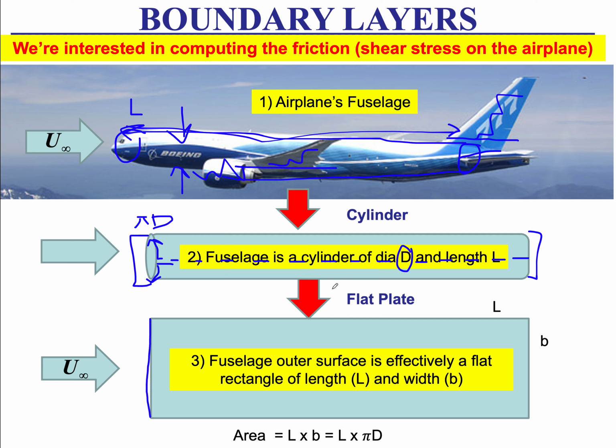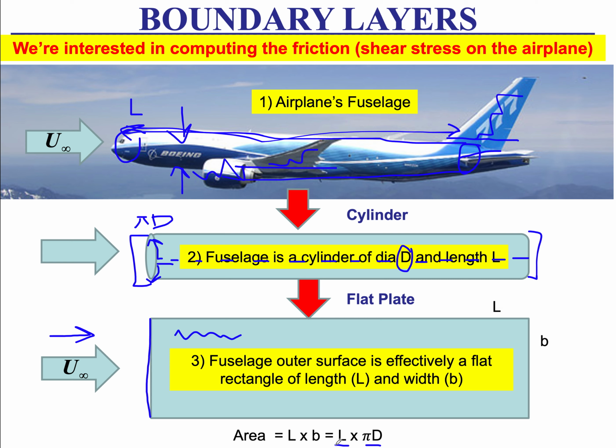Now this is looking more and more like a flat plate. I have my free stream velocity coming over the top surface of the airplane, the fuselage in particular. The surface area is pi d, the width, times the length L.